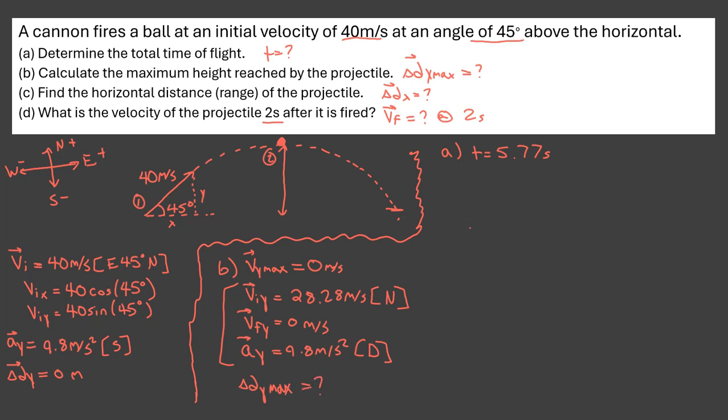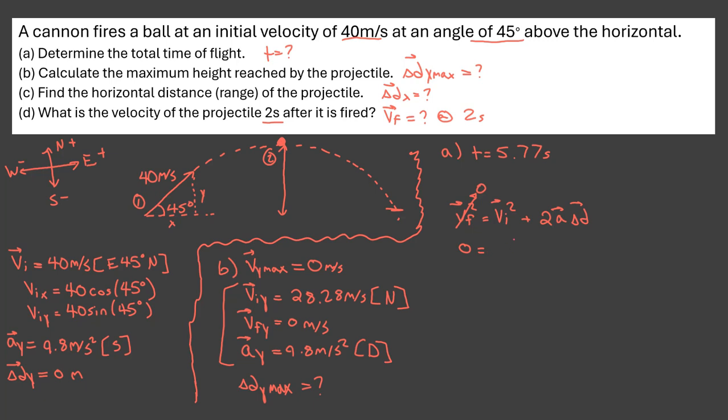Okay, I can use the following big 5 kinematics equation: my final velocity squared equals my initial velocity squared plus 2 times my acceleration times my displacement. Okay, I'll plug in my values. My final velocity, like I said here, is 0.